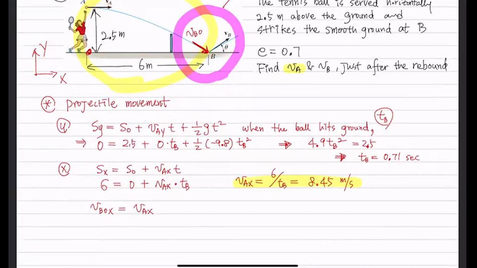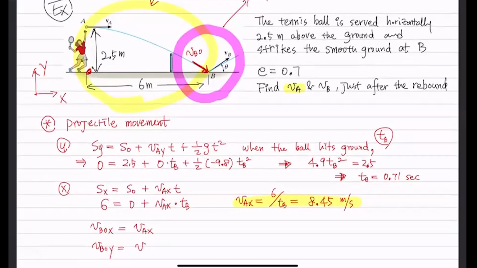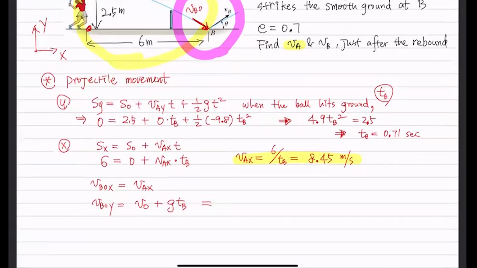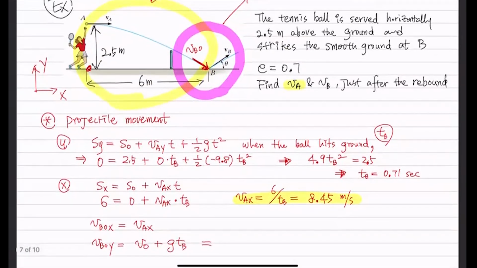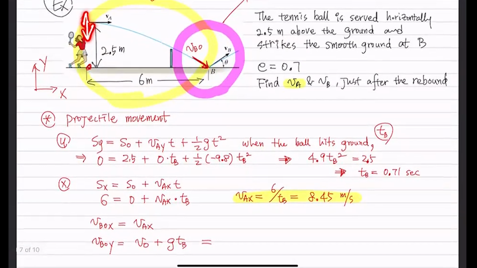So it's going to be the same. And VBy is going to be V naught plus g t. And V naught is 0. There's no initial velocity along the vertical direction, along the y direction.